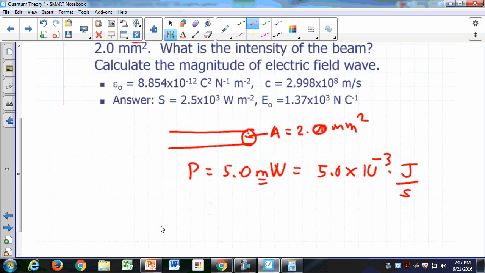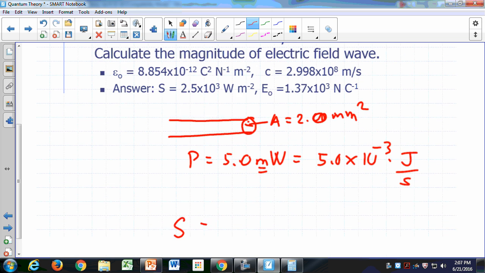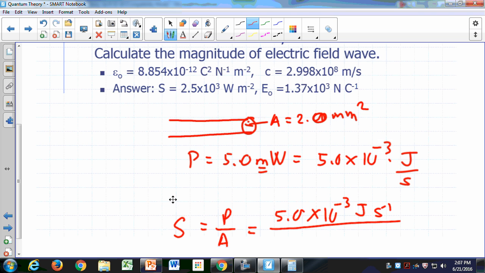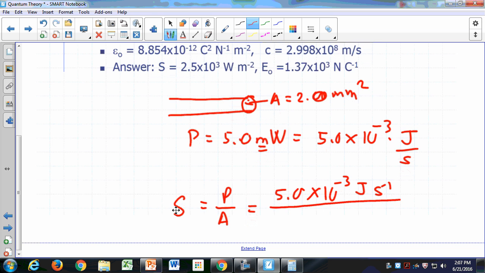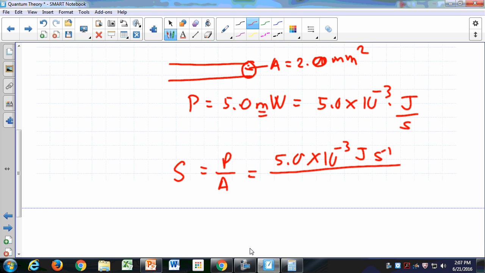So what's your intensity? Well, intensity would just be power per unit area. So 5.0 times 10 to the negative 3 joule per second, or watt, and your area is 2.0 millimeters squared. 2.0 milli is 10 to the negative 3, so 10 to the negative 3 meter squared. Let's calculate that.